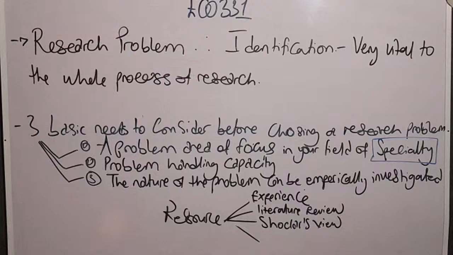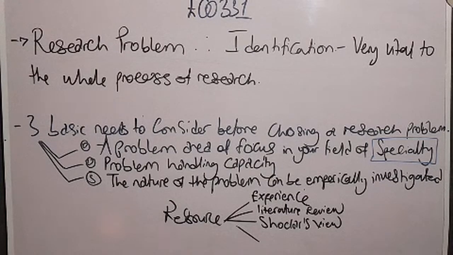It says the guidelines of choosing a research problem. When you talk about choosing a research problem, there are certain guidelines you must observe. First, consider how significant the problem is. Is it worth the effort? Is the problem you are choosing to work on worth the effort? That's number one.